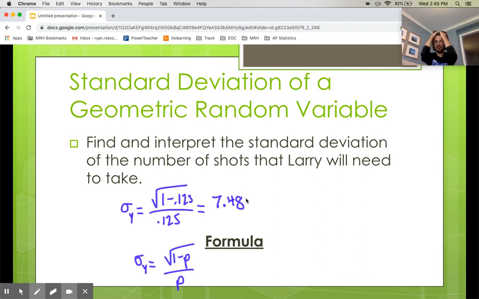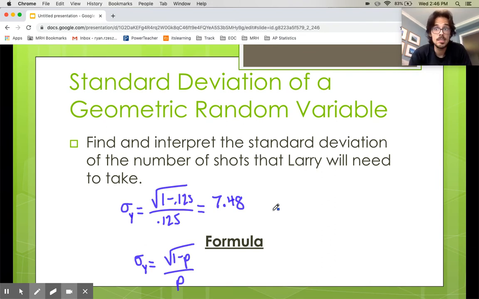What does that mean? If you look at a randomly selected day where Larry's going to the gym and shooting until he makes it, the number of shots it will take him is going to vary by a typical amount of 7.48 shots from the mean of 8.